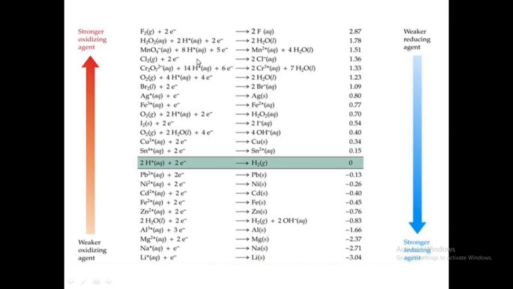And the metals or the electrodes which are present at the top of this series are very strong oxidizing agents, and the electrodes which are present at the bottom of this series are very strong reducing agents.